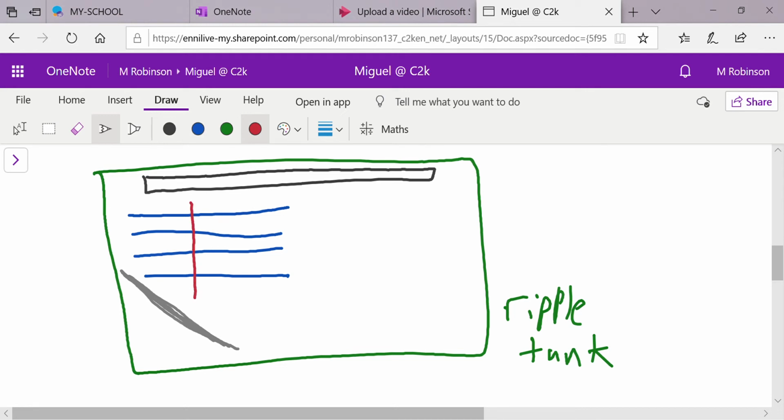What's in red is the direction the waves are traveling. There's a right angle between the crest of this blue wave and the wave direction. If I draw the wave direction, it goes up to the barrier and then it comes off like this.